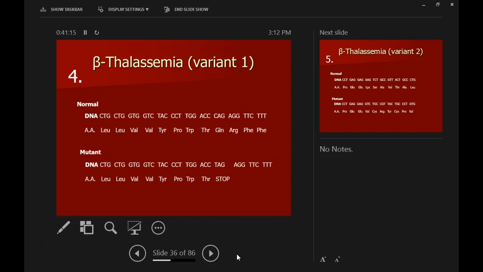Now, as I mentioned before, there are a lot of different mutations that cause the same trait. So in this case, I'm going to show you two variants that both result in thalassemia. So these are two separate mutations.